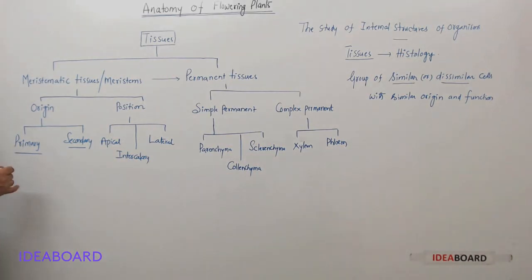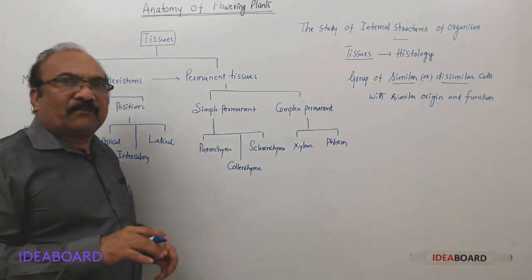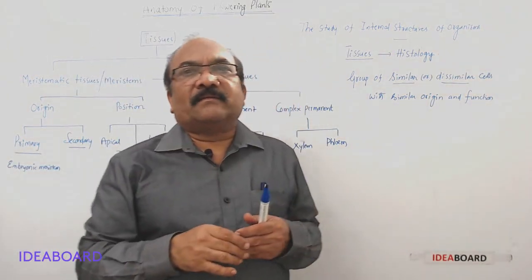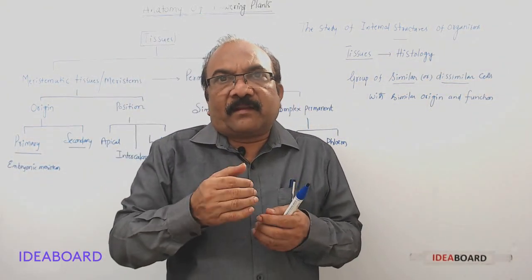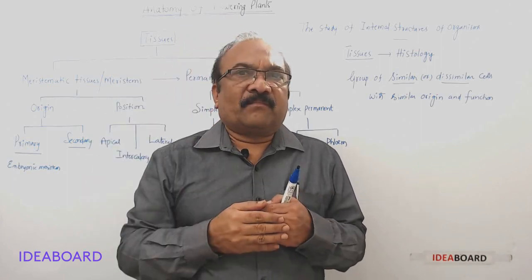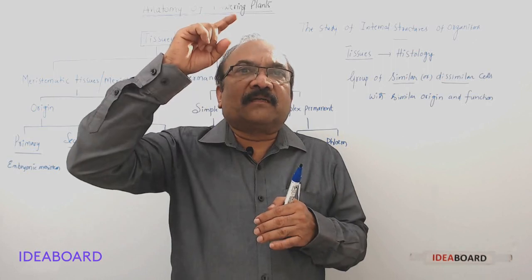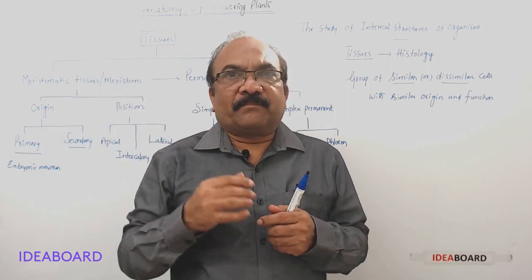Primary meristems are present right from the embryonal stage of the plant. So the embryonic meristem, which is present in the embryo while this embryo is growing into the plant, will get confined to some places, and generally they will be located towards the tips of the root and tips of the stem.